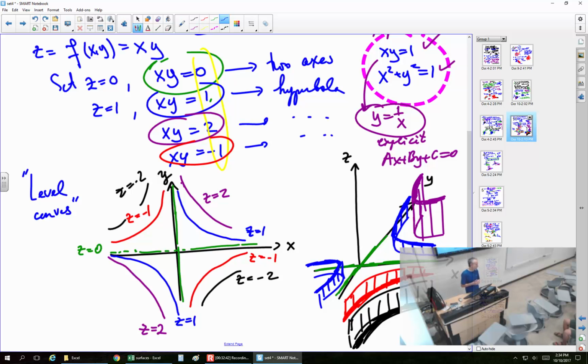For example, if the function is constant, then its graph is a horizontal plane, and if you cross a horizontal plane with a horizontal plane, what do you get? You're going to get either nothing or the whole plane. So then your level curve is not a curve; it is a whole plane, or it could be some chunk of the plane. So level curves or contour curves, depending on the language they use.